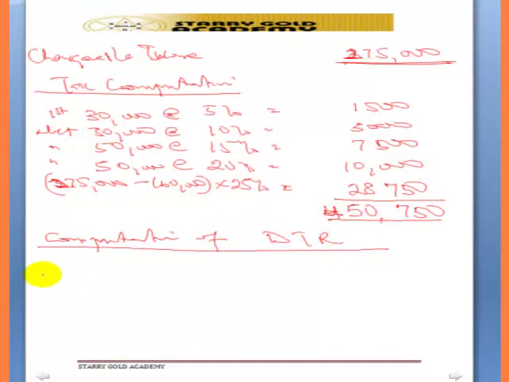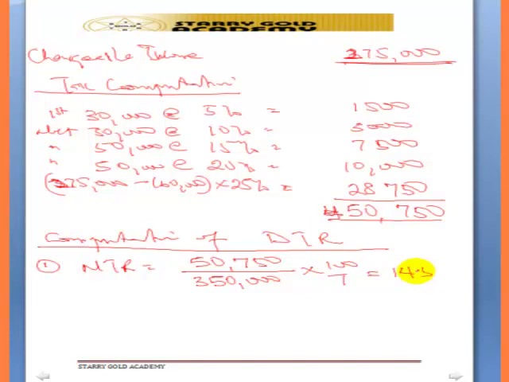In computing double taxation relief, the first thing you are going to do is to compute the Nigerian tax rate, which is 50,750 over the global income, 350,000, times 100 over 1, is equal to 14.5%.